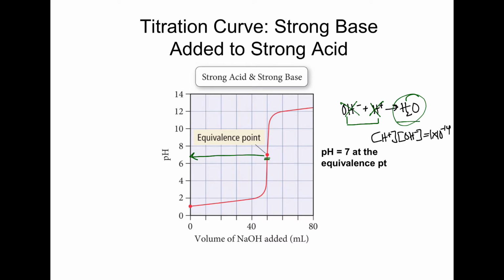The Kw there is 1 times 10 to the negative 14. So in pure water, we talked about how this is 1 times 10 to the negative 7, 1 times 10 to the negative 7, and 1 times 10 to the negative 7 hydrogen ions is what we say is a pH of 7. So pure water has a pH of 7. Pure water is the product of a strong acid, strong base titration.